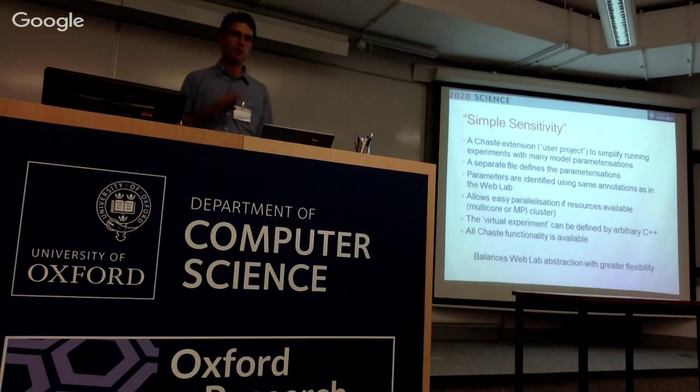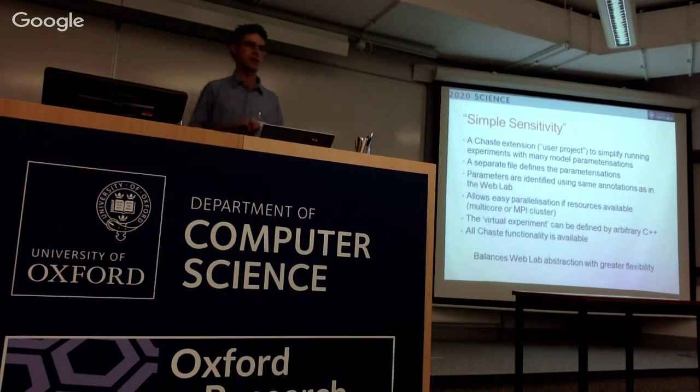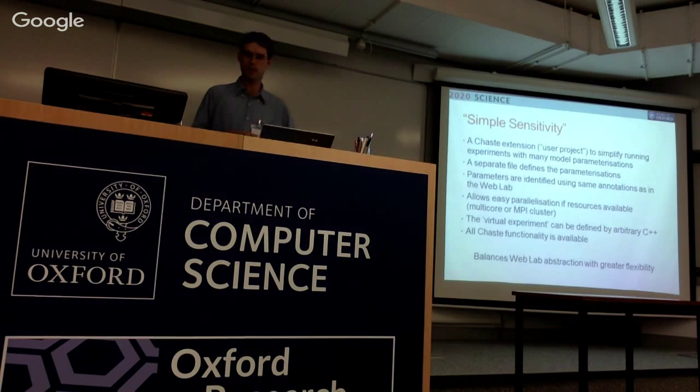But in contrast to the Web Lab, where you've got a protocol defining in a somewhat restricted form what the experiment is that you're running, in this case, the virtual experiment you run is just arbitrary C++ code that can make use of any Chaste functionality. So it could be single cell simulations, and it was most of John's work, I think, but you could just as easily put in a simple tissue simulation in this context and parallelize those for different cell models or different parameter sets of your cellular model within a tissue simulation.